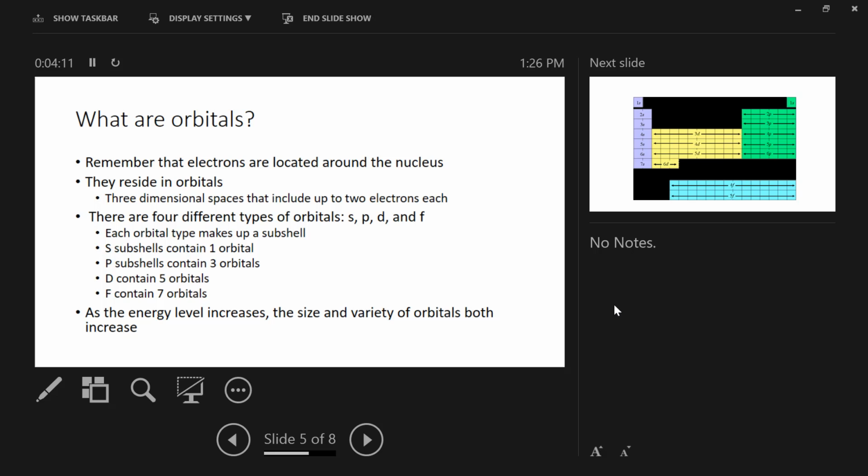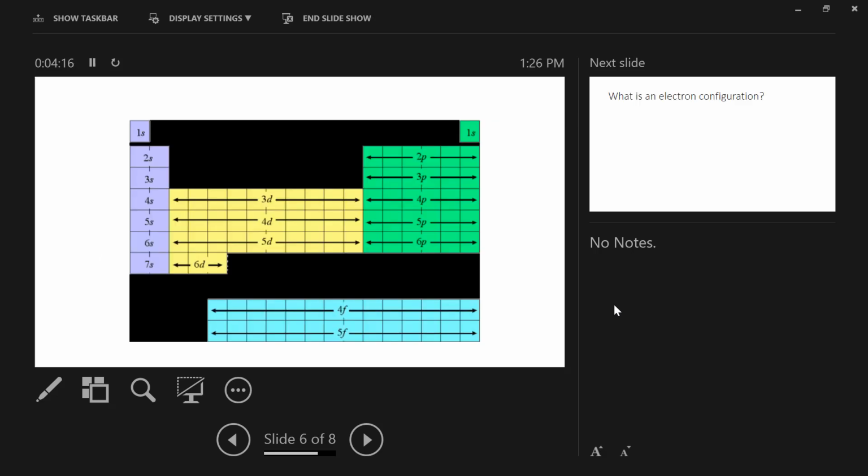All right, so are we okay with this one? Any questions? Okay, so I want to show you this. This is your periodic table, but instead of showing all of the elements, what it does is it shows you the highest energy electron for each element. Okay? So let's say we were talking about hydrogen. Hydrogen is right here.